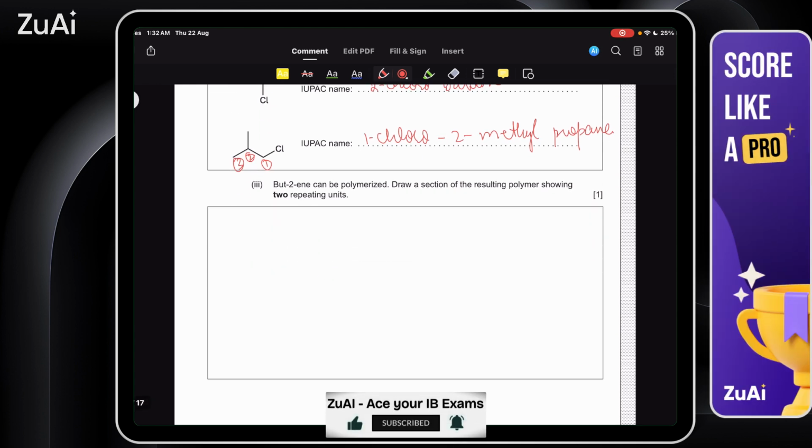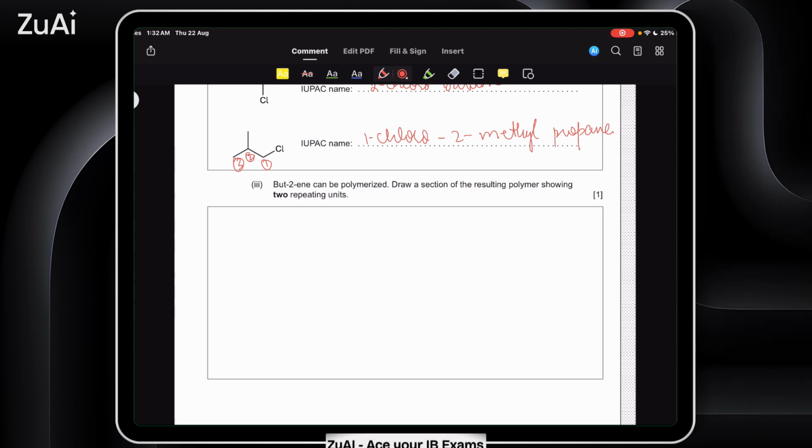Butene can be polymerized. Draw the section of polymer. So in polymer, it turns into first the repeating unit, that is butene.